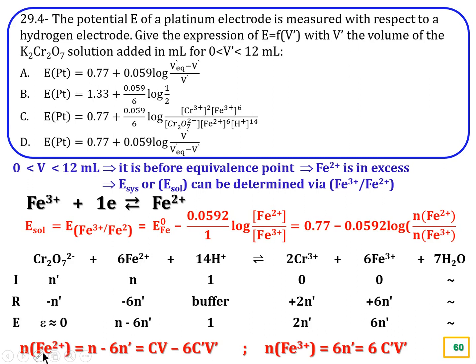So the number of moles of Fe2+ at equilibrium is equal to N minus 6N', which equals CV minus 6C'V'. To note that C, V, C' and V' are given. And the number of moles of Fe3+ equals 6N', which equals 6C'V'.